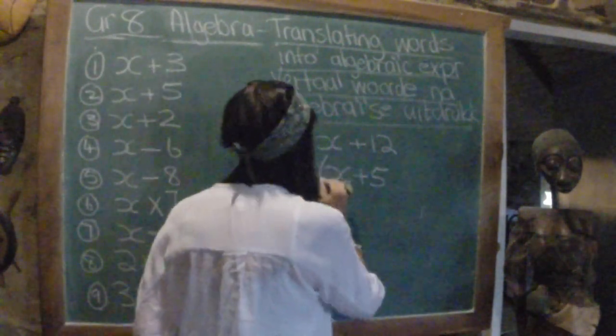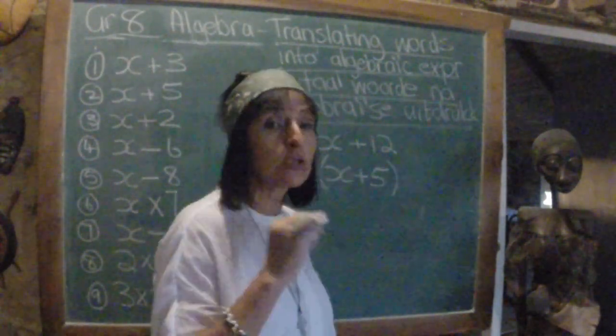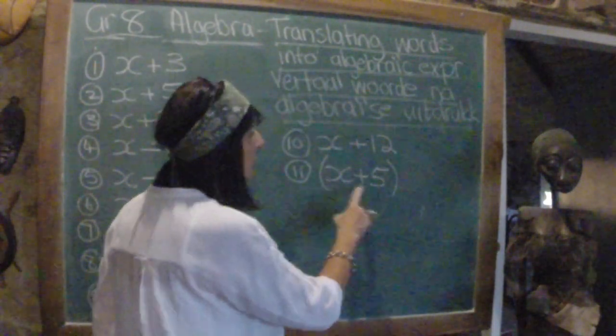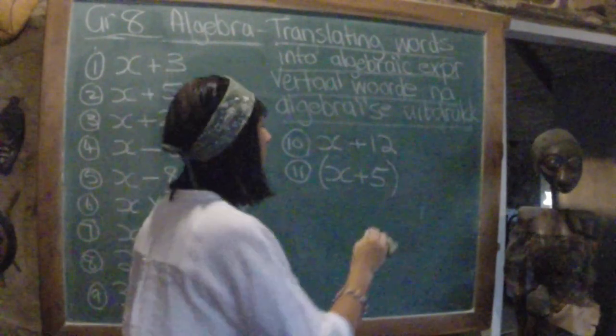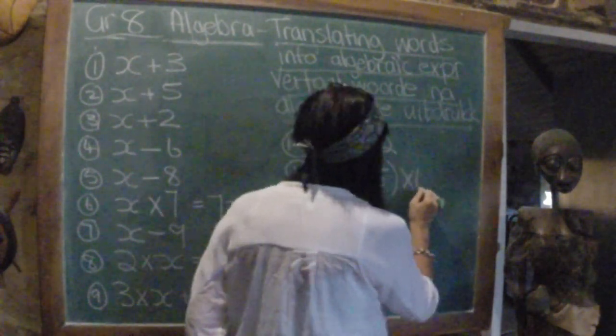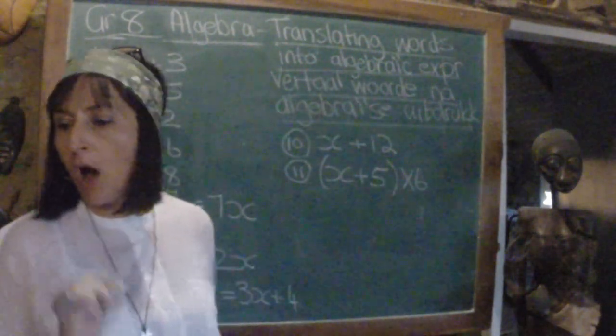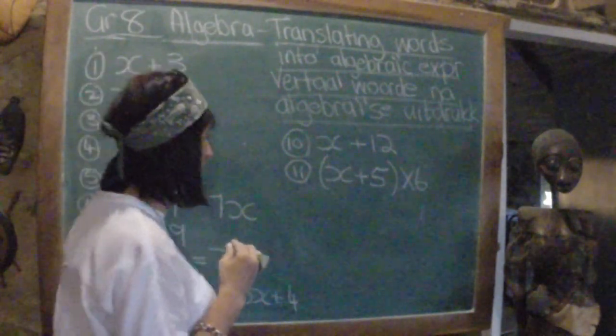So I first got to do this, and because I've got to do that first, omdat ek dit eers moet doen, moet ek dit in hakkies sit. En daarna gaan ek dit maal met 6. After that, I'm going to multiply it by 6.